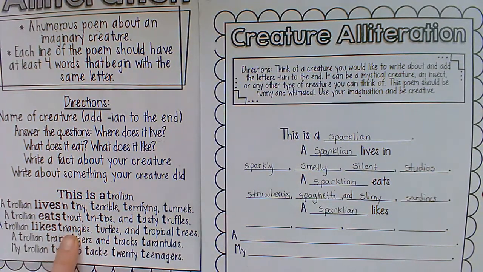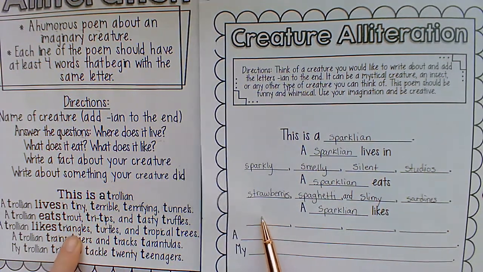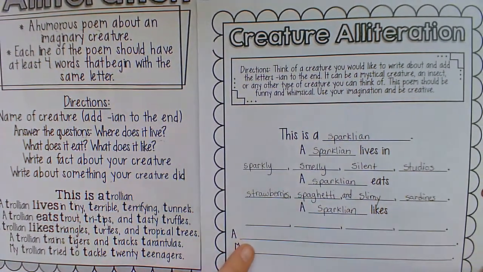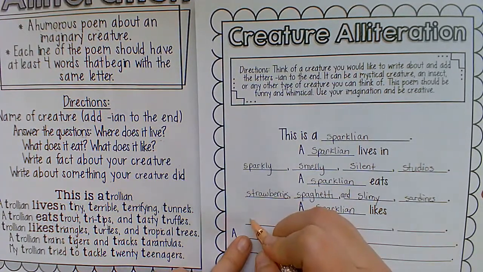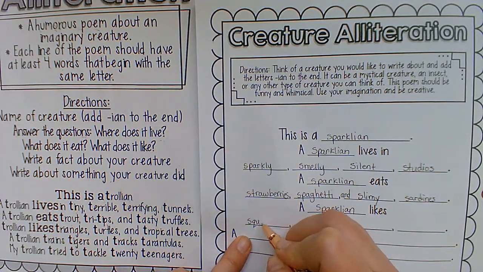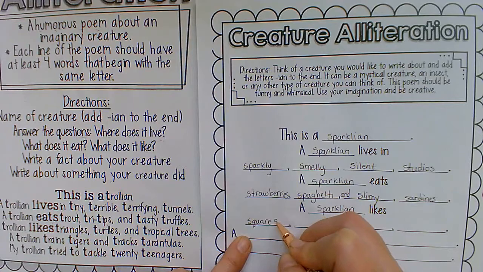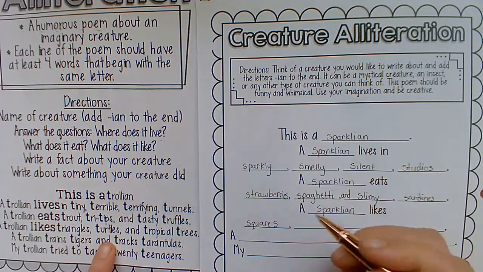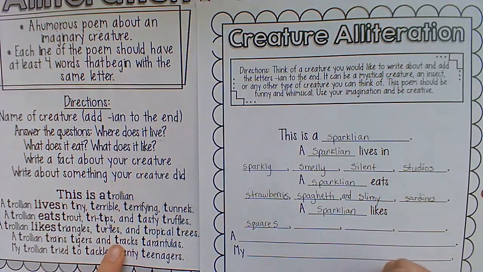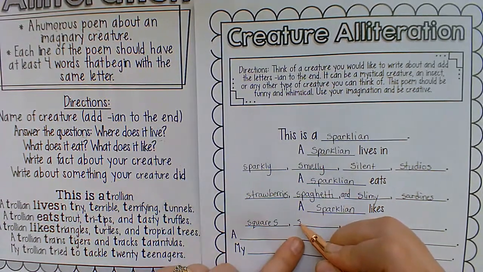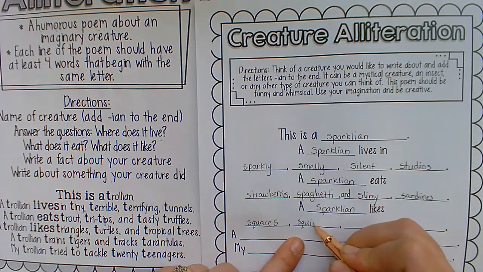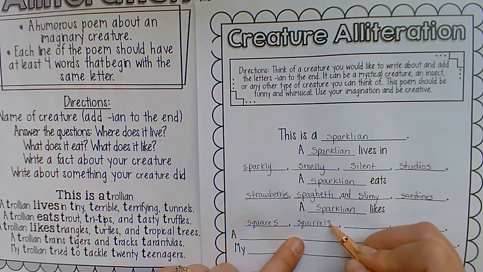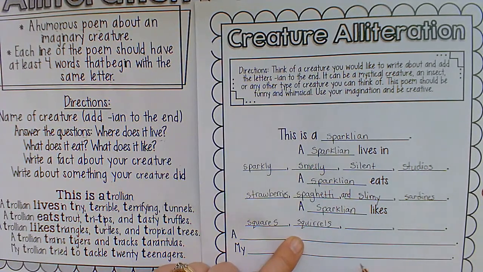So I know it used a shape. You don't have to use a shape, but I can think of a shape that starts with S, so I'm going to do that. A Sparklian likes squares. It used an animal. You don't need to use an animal, but I can think of one too, so I'm going to do squirrels. Who doesn't like squirrels anyway?